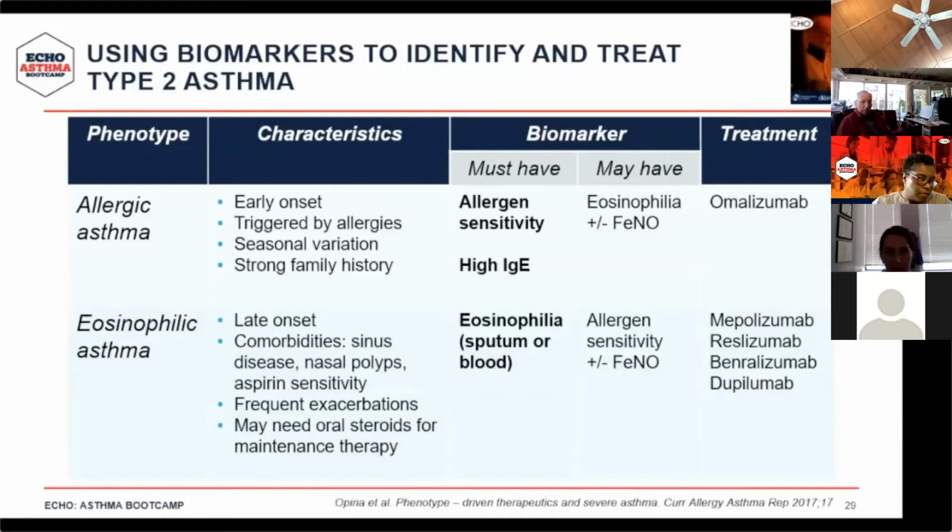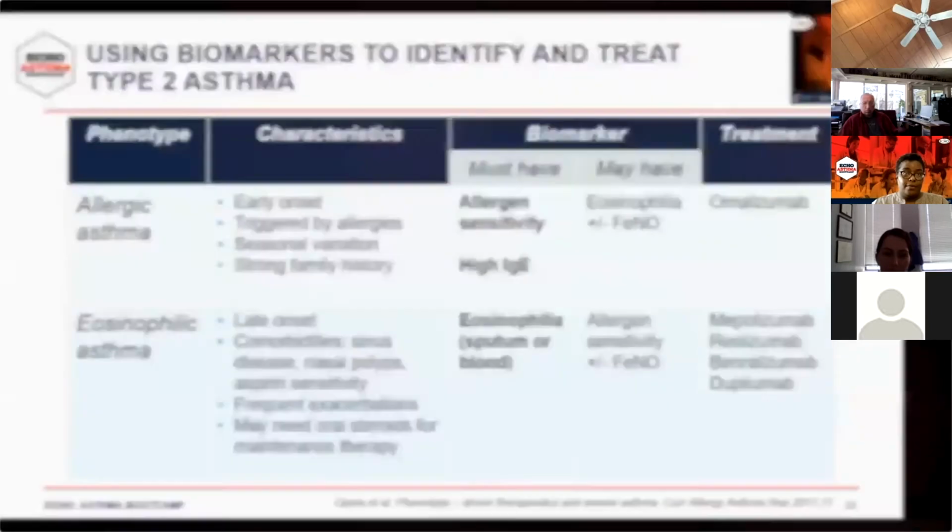These are the patients in whom an eosinophil count would be checked, and if it's elevated, whether it's in the blood or the sputum, they would qualify for multiple drugs that are now available by the FDA, such as mepolizumab, reslizumab, benralizumab, and dupilumab. Again, these are all the drugs that are available for patients with type 2 asthma, and we don't currently have an FDA-approved drug for patients with non-type 2 asthma.